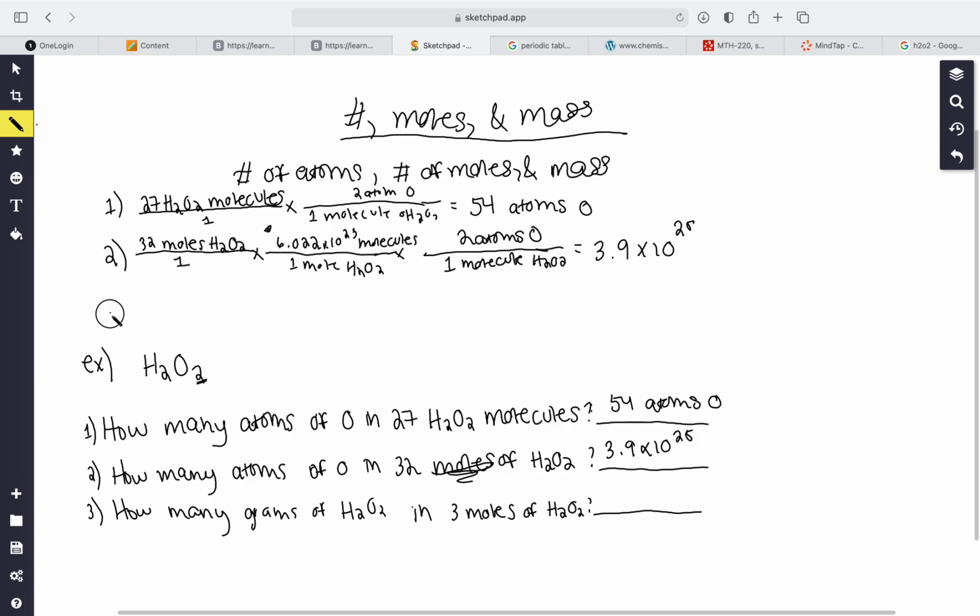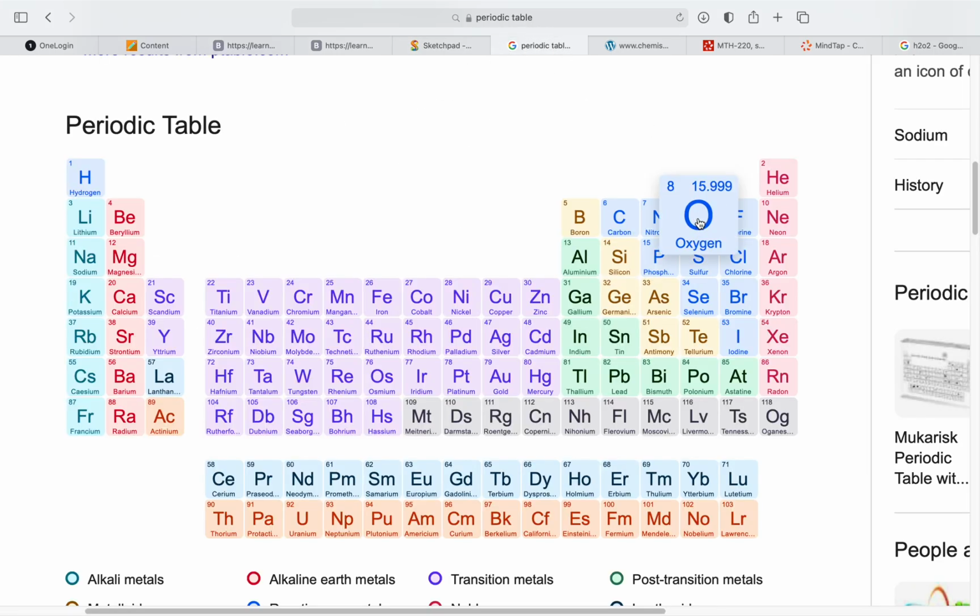Okay, next one. How many grams of H2O2 are in 3 moles of H2O2? So we're going to do 3 moles of H2O2 divided by 1, times 1 mole of H2O2. You could either use the periodic table for this or go off of your memory, but here's the periodic table. Oxygen is 16 and hydrogen is 1, so we have to find the molecular weight.